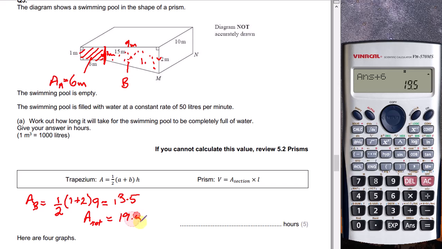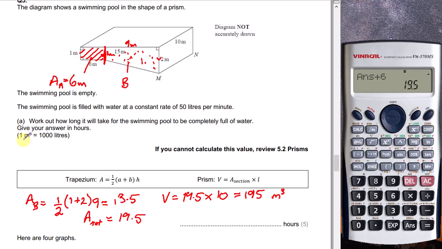The volume of a prism is going to be area of cross section multiplied by its length, which is how many meters cubed? That's times the length, which is 10 meters. So we've got 195 meters cubed.